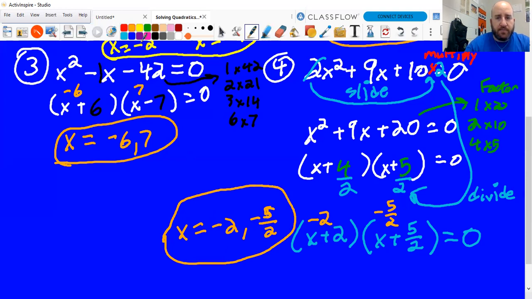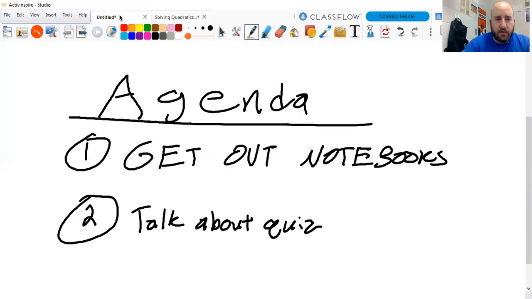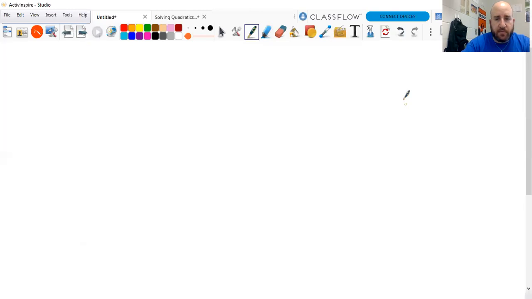All right, one more problem. Let's see here. I need to move that so I can flip over here, do one more problem because I ran out of room. All right, so I'm going to do the 6x squared plus 13x minus 5 that we had done on the factoring one.